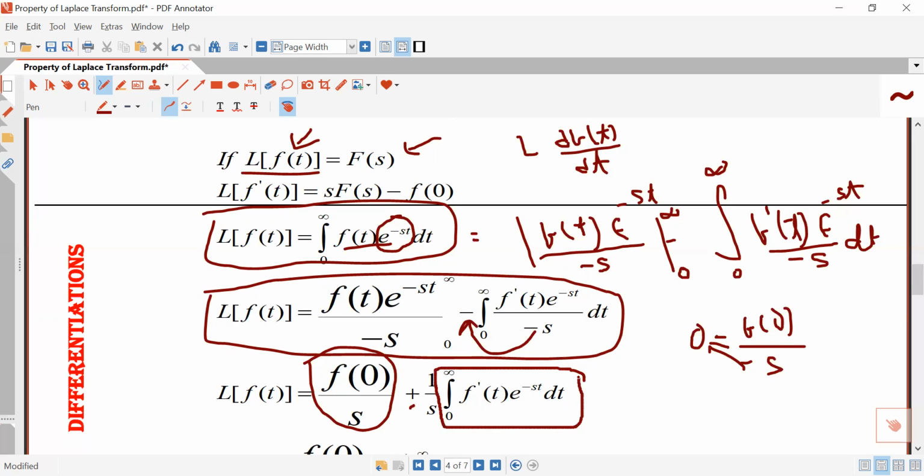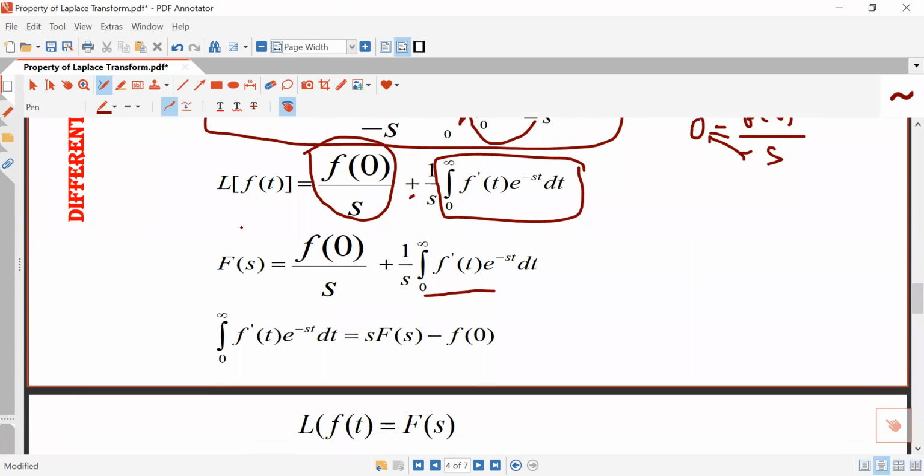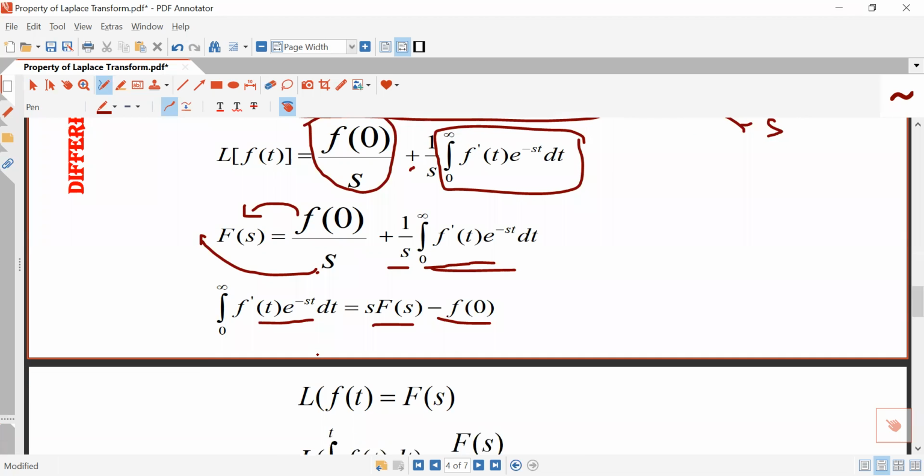This is Laplace transform of f dash t, which I am going to calculate. So when you will solve this expression, you will get this s and this s will multiply here. So you will get sF(s), and this term will be, when shifted this side, minus f(0), and this term will be integral 0 to infinity f dash t e to the power minus st dt.